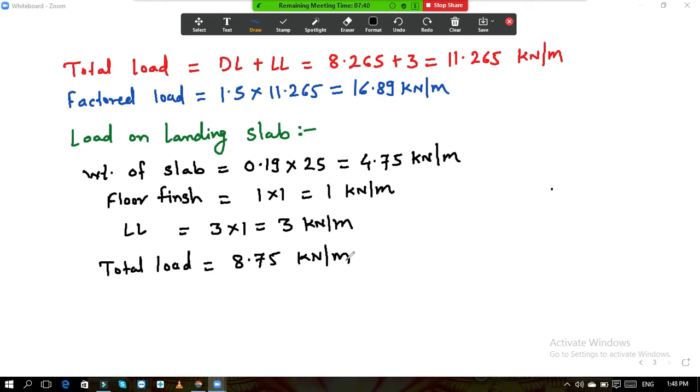So this is our total load. So calculate the ultimate load now, that is factored load. So ultimate load is equal to 1.5 into 8.75. Let me know the answer.